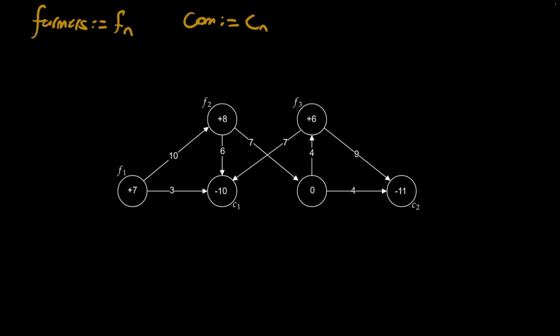So how do we deal with multiple sources and multiple sinks? I'd like to point out the relationship that's happening here. We have a supply and demand relationship, where the farmers are supplying and the communities are demanding.